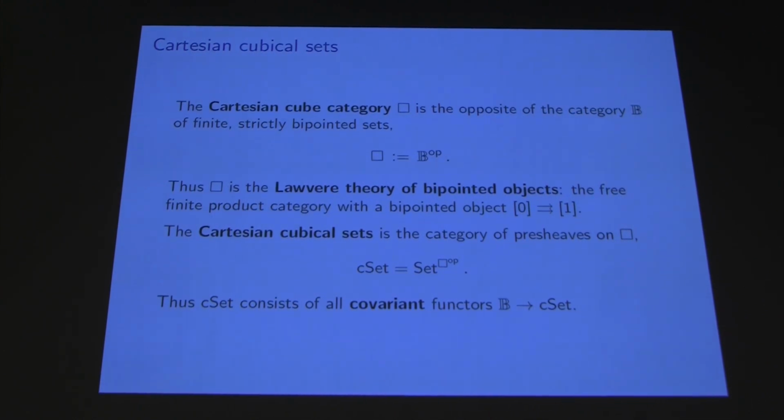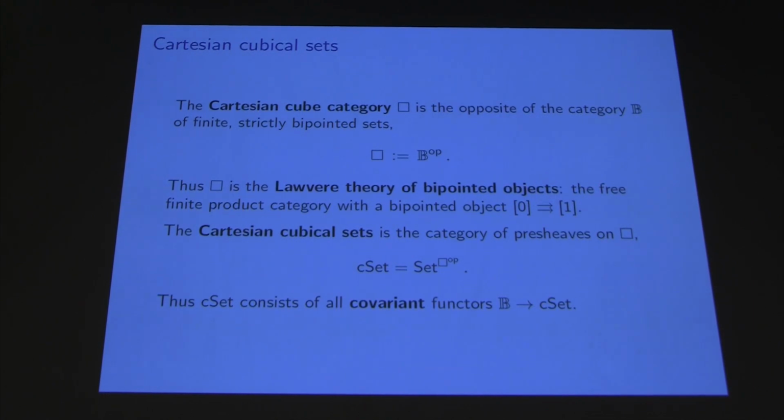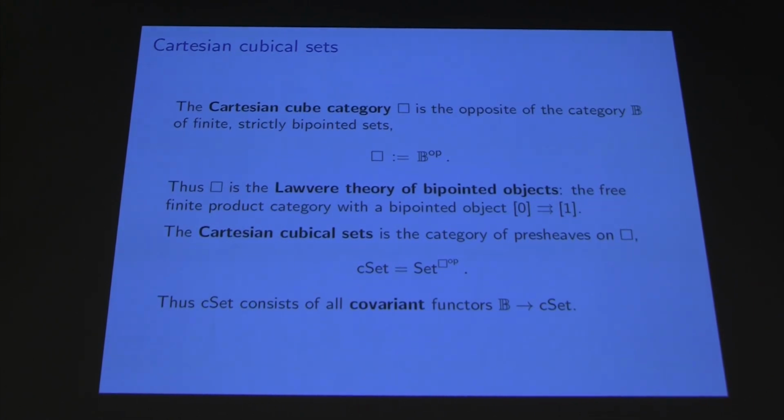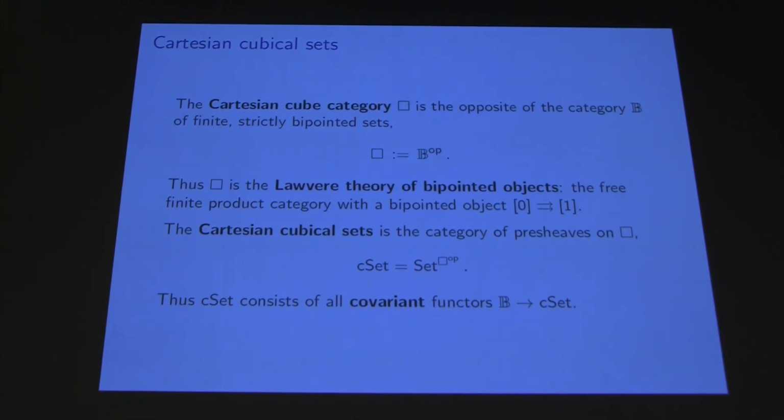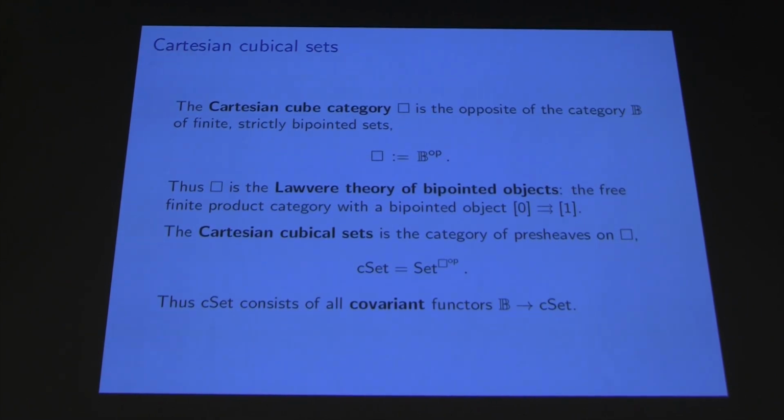It's the Lawvere theory of an object with 2 points. That's it. It's the free finite product category on a bipointed object. And the presheaf category then on that cube category is what I'm going to call the Cartesian cubical sets. So it's covariant functors from the category of finite bipointed sets into the category of sets.